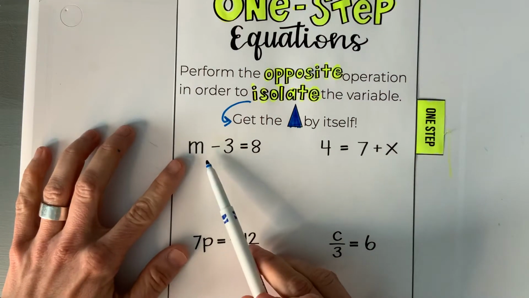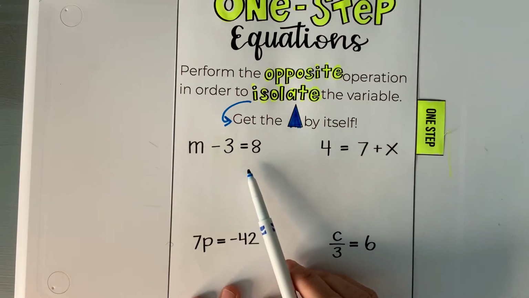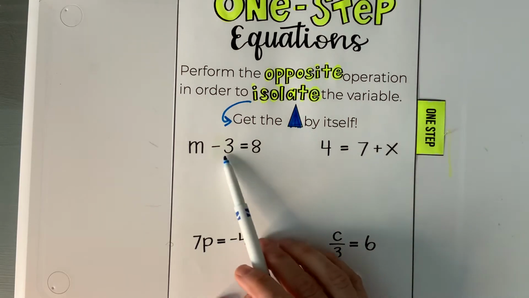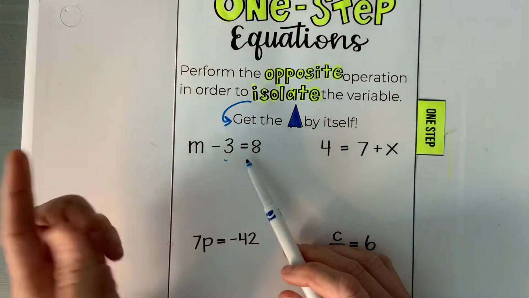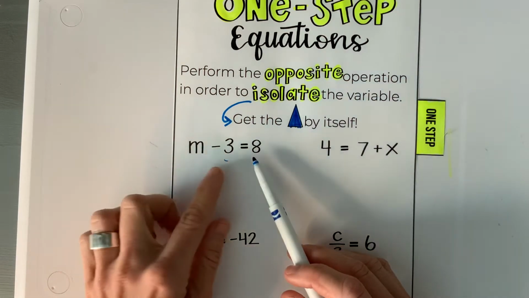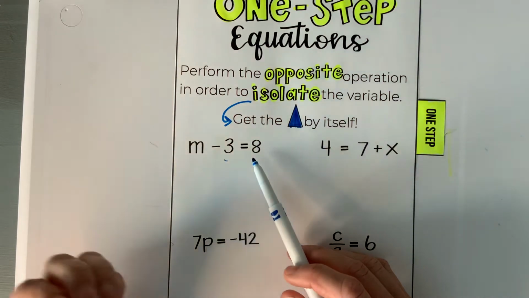Well, we have here in our first example, m minus 3 equals 8. So far with our hands-on equation set, we've only been working with positive values or positive constants. So you took them away, so it would have been like a plus 3, and in order to remove that cube, you then did a minus 3.